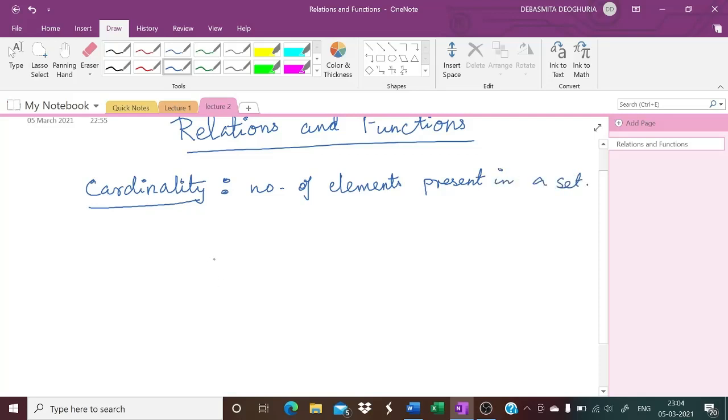Okay, suppose that you have a set A which has suppose 3 elements. So cardinality of the set would be 3. That is, the number of elements in the set is 3. So we will represent this as n of A is equal to 3. Okay.